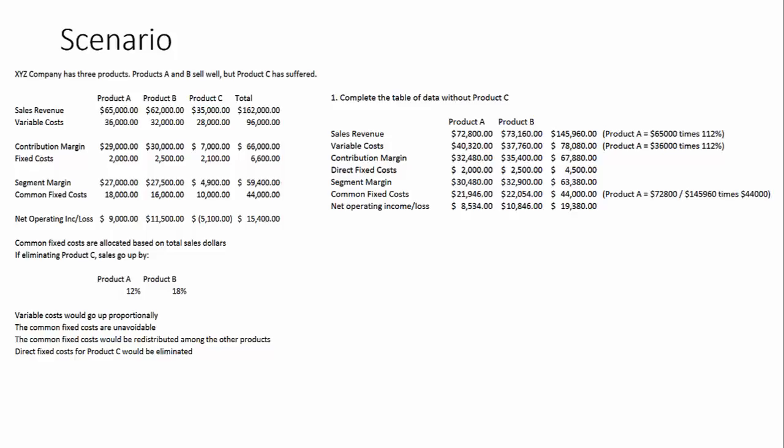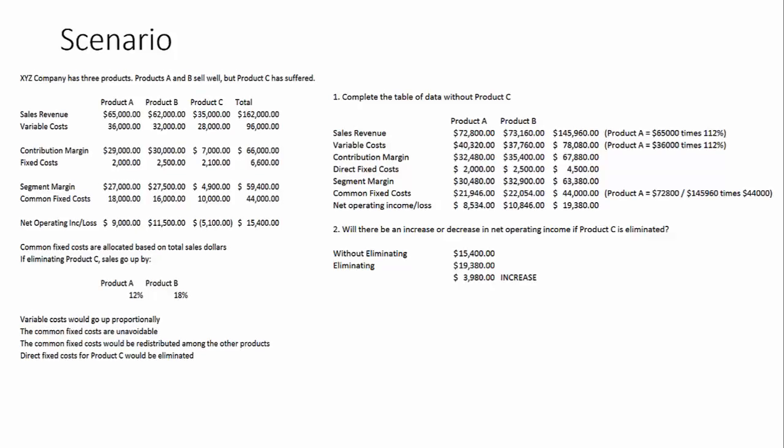Whatever that percentage is, you multiply it by the $44,000. And you'd do the same thing for product B. You'd take $73,160 divided by $145,960, whatever that percent is, then multiply it times 44,000. And that gives you the costs as you see there on the screen. Now, to get net operating income or loss, we take the segment margin minus the common fixed costs, and that gives you the net operating income or loss.